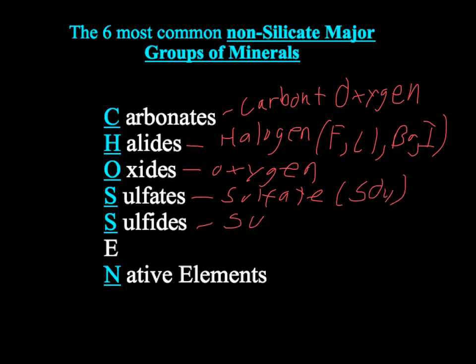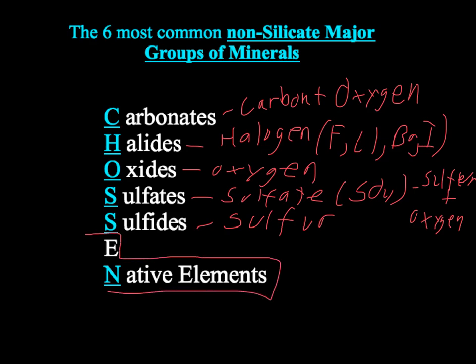Sulfides contain sulfur without the oxygen. So sulfate is sulfur plus oxygen. And then N kind of stands for native elements, and this is pretty much any solid from the periodic table of elements.